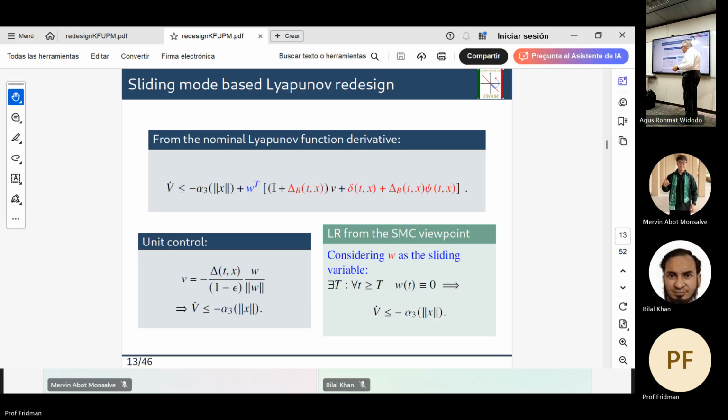The viewpoint of Leitman and Kim was okay, to make all our best to put this term negative. But if you see it from the view of sliding mode control, you will see a 100% different story. Why? What is the difference?